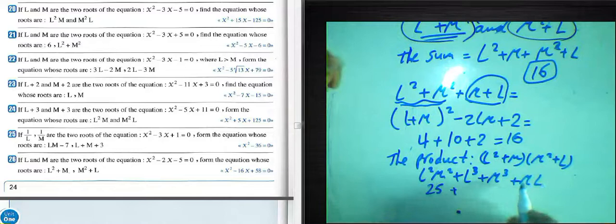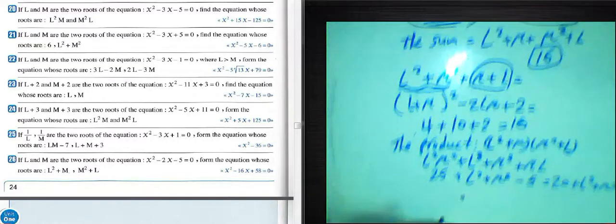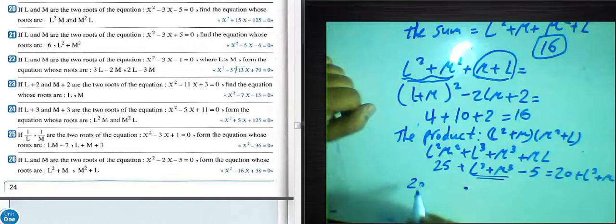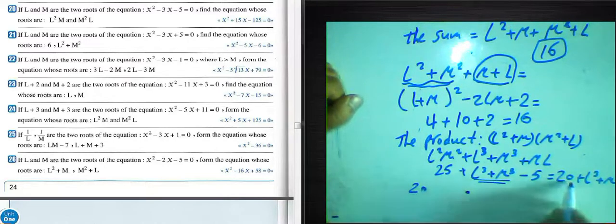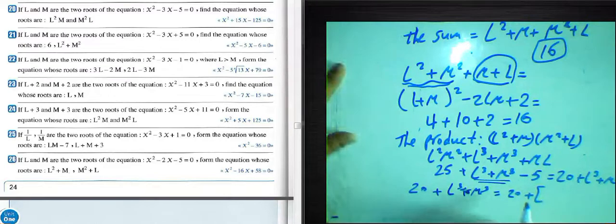We know ML was negative 5, and we can find L power 3 plus M power 3. The result will be 25 minus 5 equals 20 plus L power 3 plus M power 3. I will complete it here. Pay attention with me about this step. We write 20 plus L power 3 plus M power 3 equals 20 plus, in parentheses, and I will solve it.